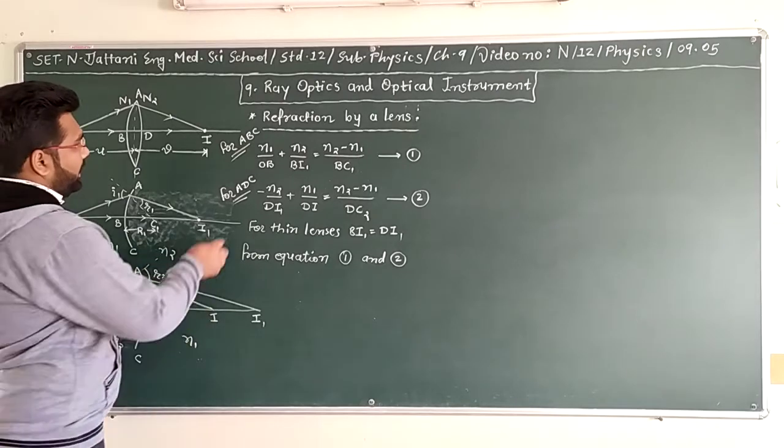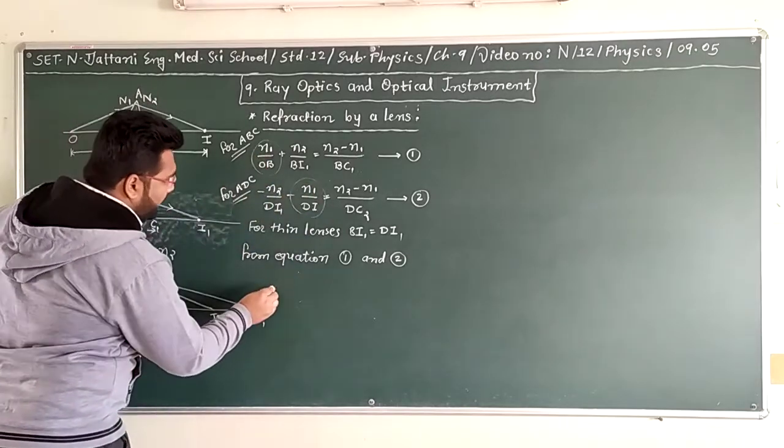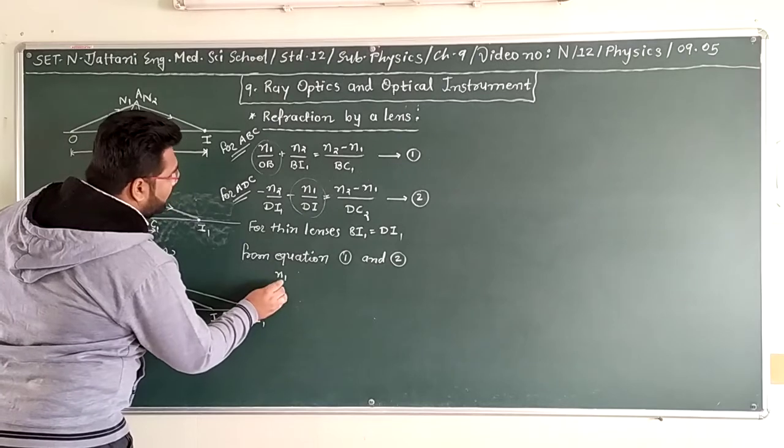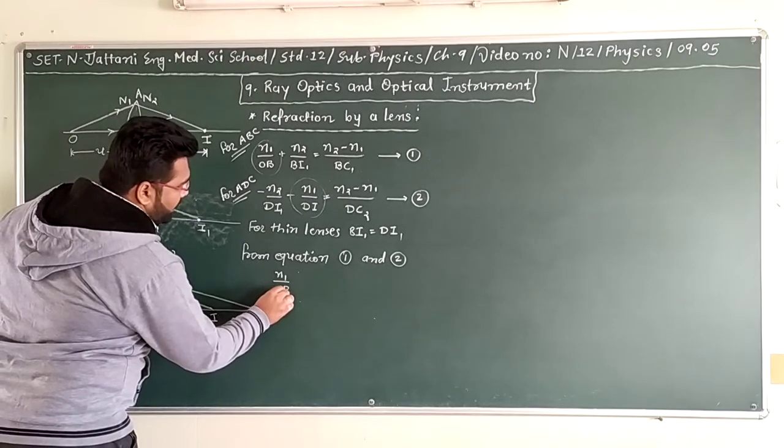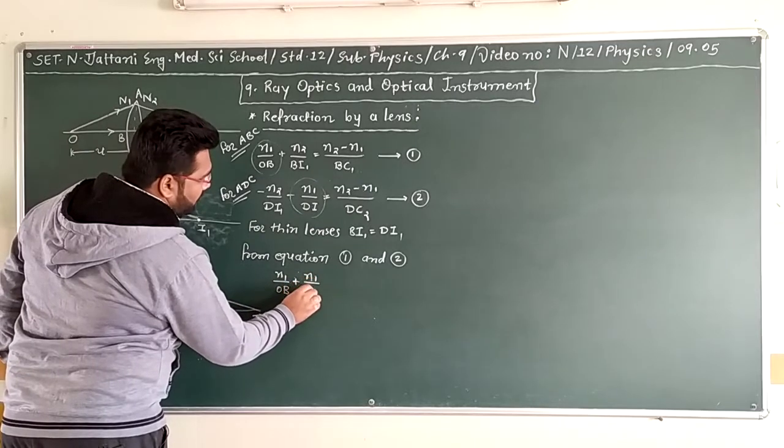These two terms will be on the left side. So we can write n1 upon OB plus n1 upon DI.